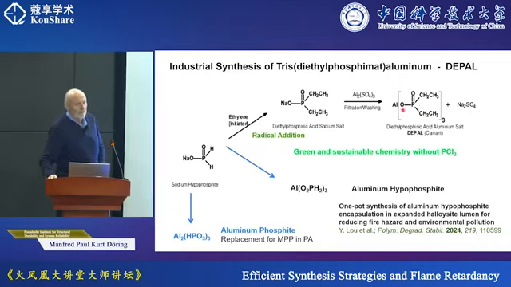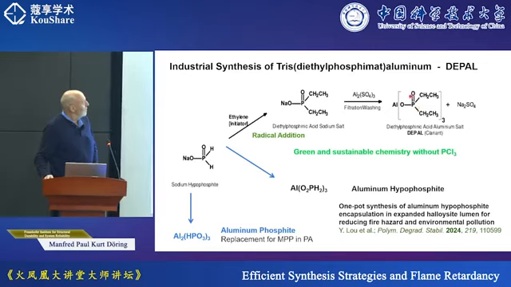It is a classical flame retardant produced since 20, 30 years ago, and you see it's only an addition of ethylene to that molecule to reach the sodium salt of this phosphonic acid, and with incorporation of aluminium salts, you get the aluminium phosphonate over here. This is known as DEPAL.